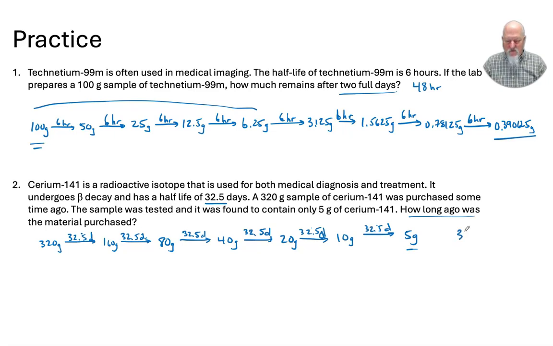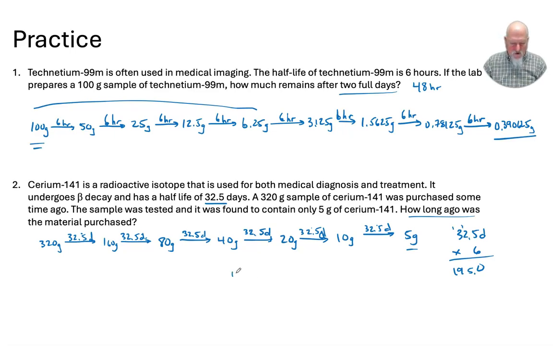So if I take 32.5 days and multiply by 6, I get 195 days. So let me make sure that's right. 32.5 times 6 is 195.